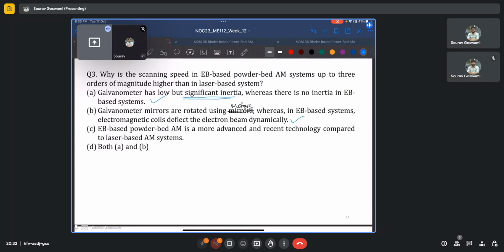So it's not the case that this is more recent. Yes, in recent years it has been garnering more attention and continues to be an active area of research. But inherently, that does not provide it any advantage in terms of the quicker scanning speeds. So both options A and B are correct.